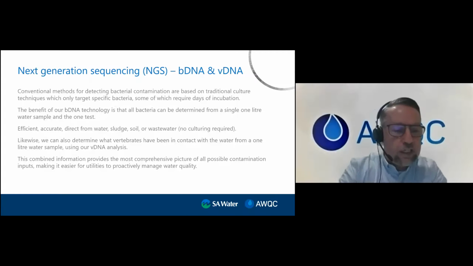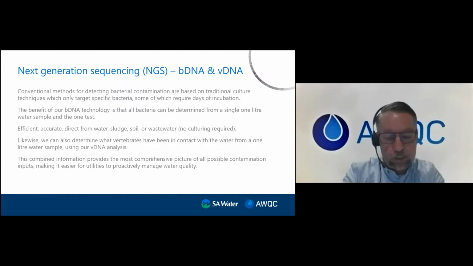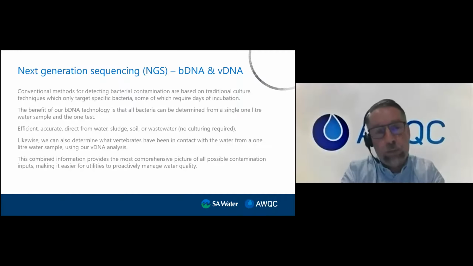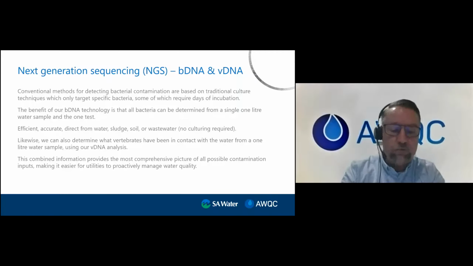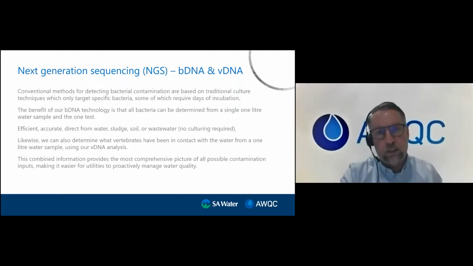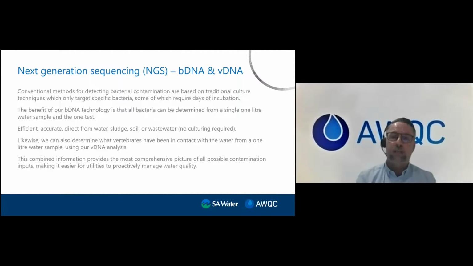So how can this inform operational decision making? In a nutshell, this is a better, more targeted analysis enabling optimized decision making. The high efficiency and accuracy of NGS allows operators to implement rapid, targeted management actions for mitigation and control of any detected biological contaminants, thus significantly reducing the potential impact through early intervention.